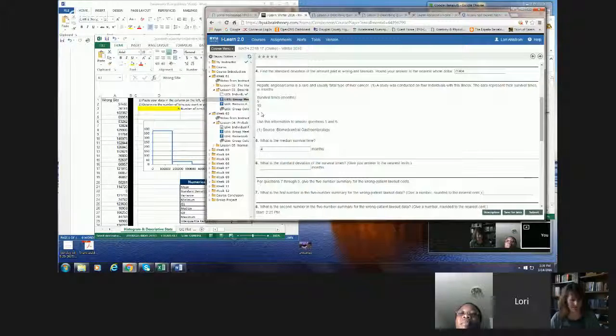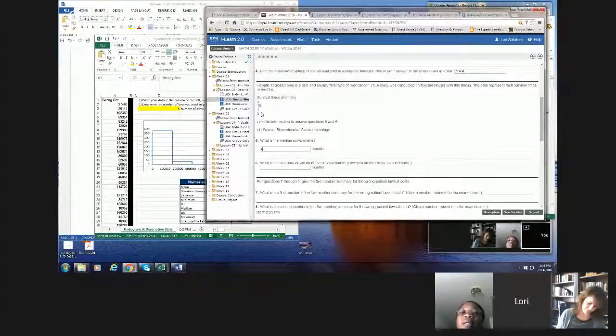So our middle numbers are 3 and 5, right? And so we have to have a meet in the middle number, which would be 4. Does that make sense to everybody else? How I got that?